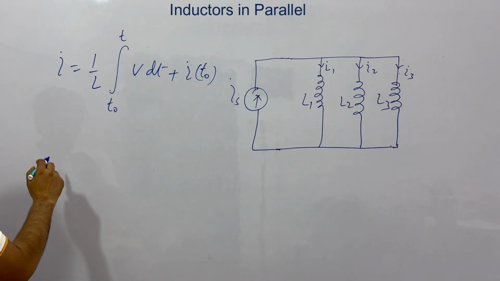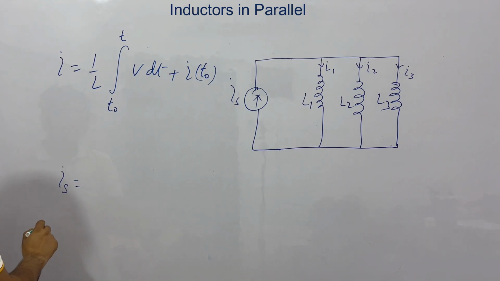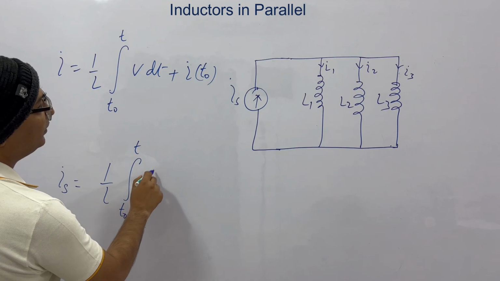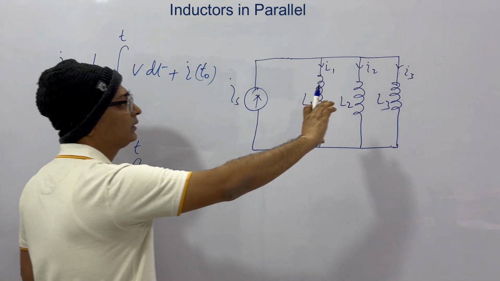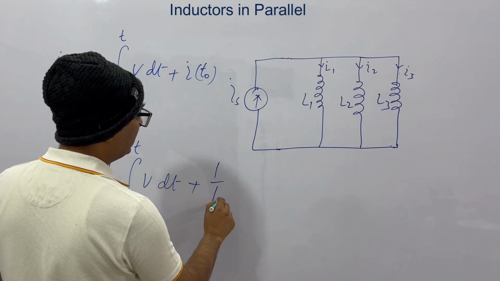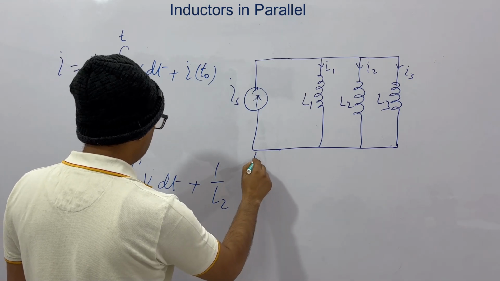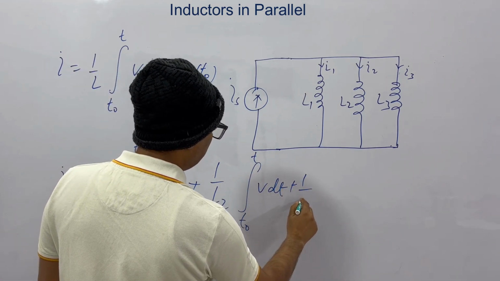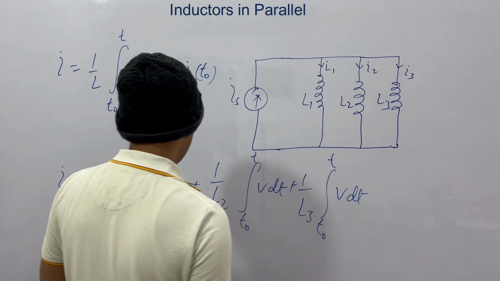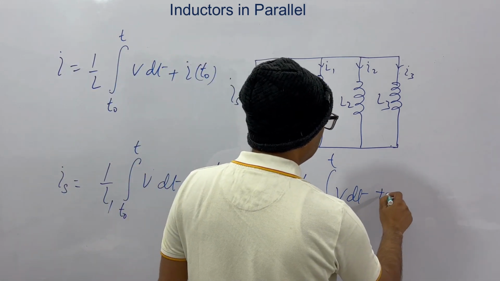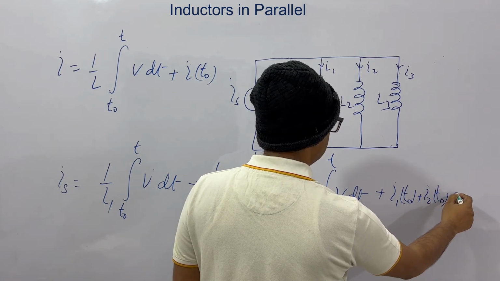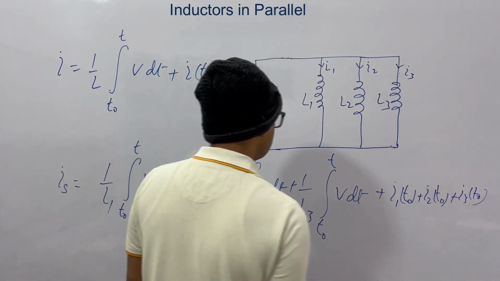So we know Is is equal to 1 by L1 integral from T0 to T of V dt, since V is constant for all the three, then 1 by L2 integral from T0 to T of V dt plus 1 by L3 integral from T0 to T of V dt, and then we have the initial conditions for 1, 2 and 3, that is I1 at T0 plus I2 at T0 and I3 at T0.